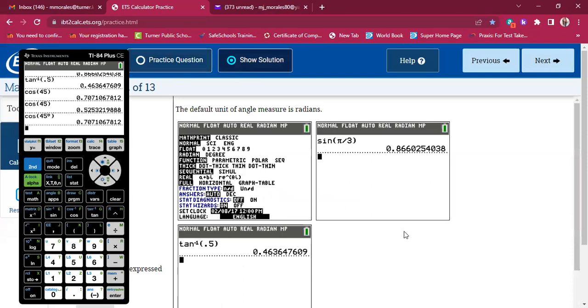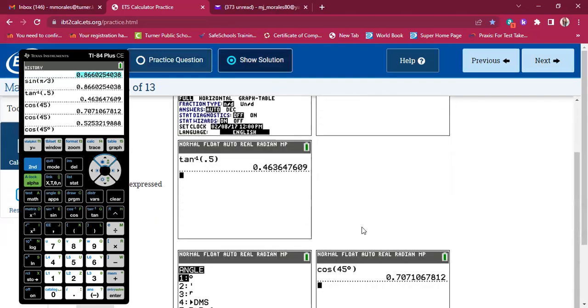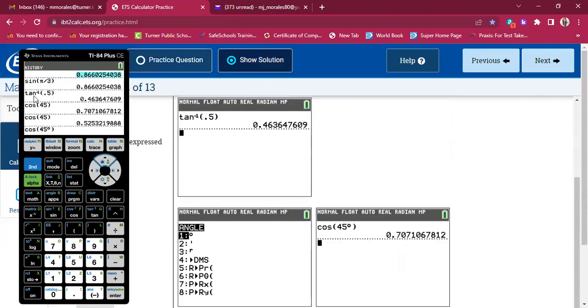Let's see if we have the right answer. For sine pi over 3, the answer is 0.866. So we got that right. For the inverse of tangent 0.5, that should be 0.46. So this is the correct answer. We got it.